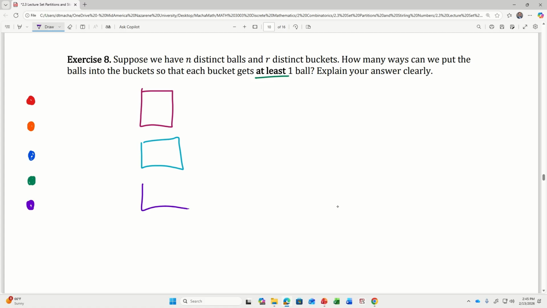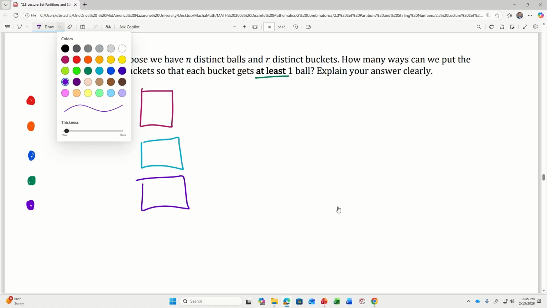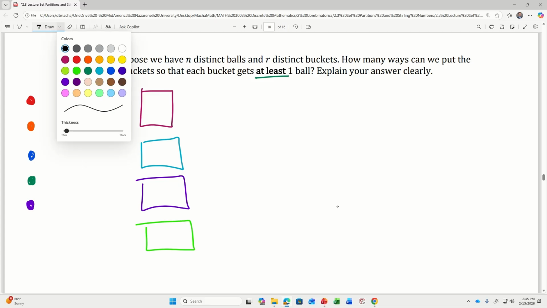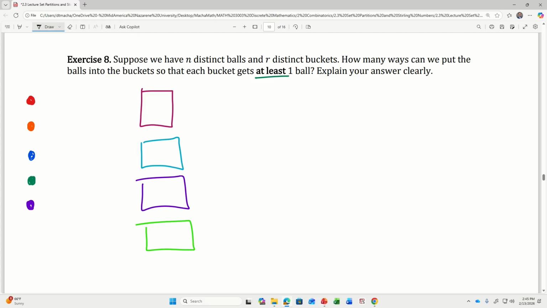You would assume that n and r are over. Each bucket has to have at least one, and n is greater than or equal to r.